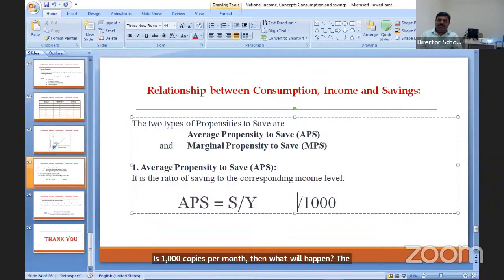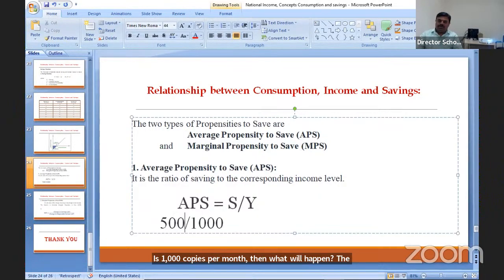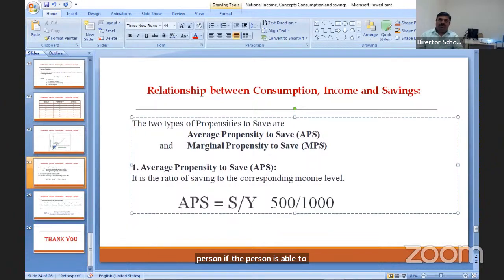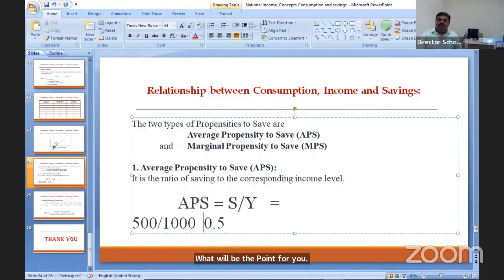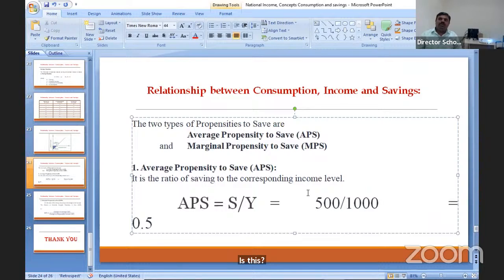If the person consumes 500 rupees, which means the consumption of the person is 500 rupees, and therefore the person is able to save 500 rupees, then what will be the value? 0.5. The value of APS will be 0.5.